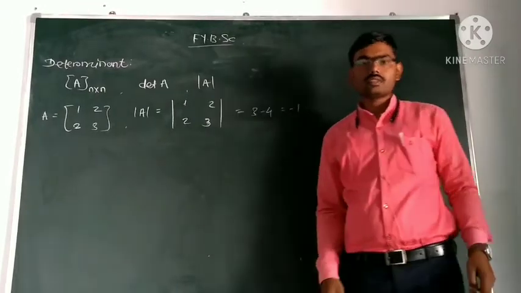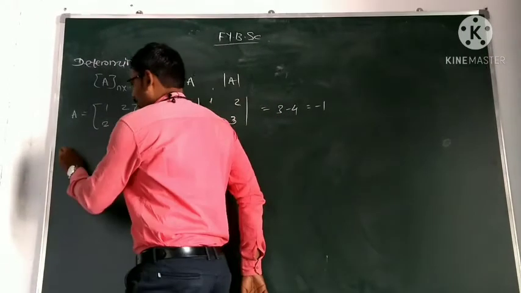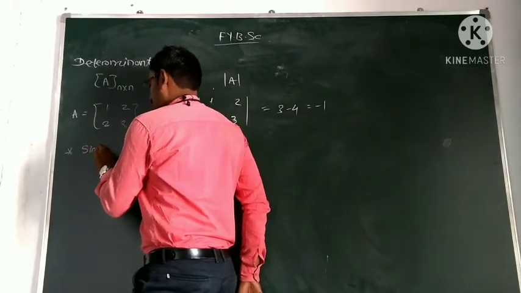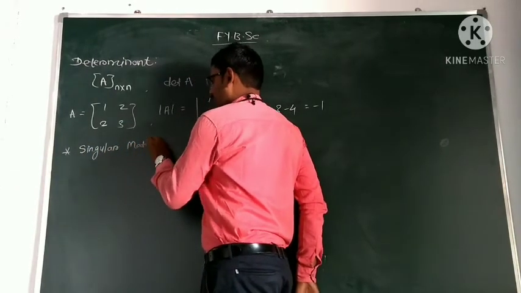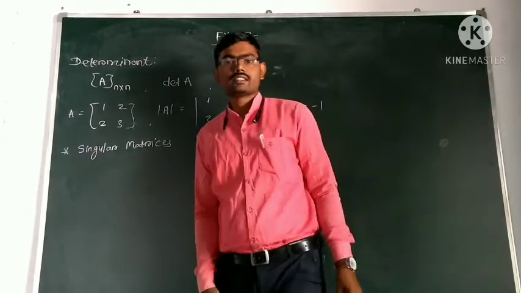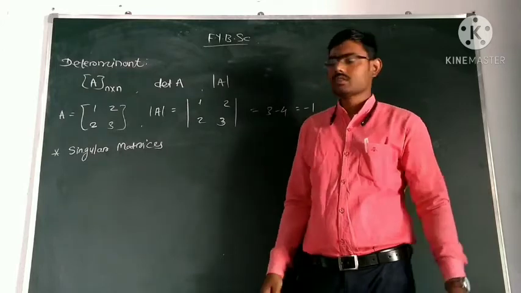Now there are two definitions. One is singular matrices. What is a singular matrix? A singular matrix means a matrix whose determinant is 0.